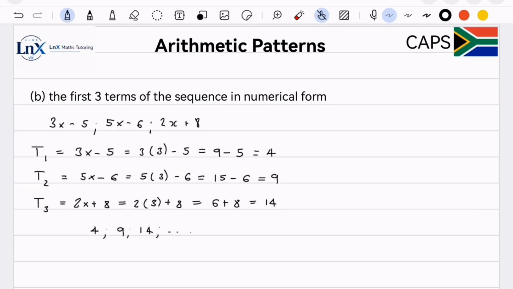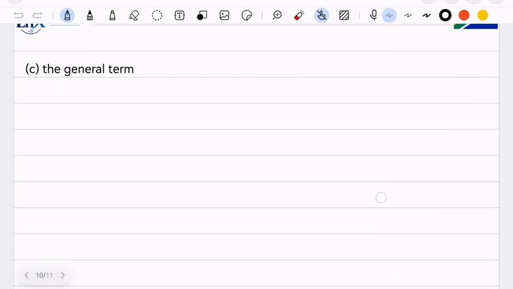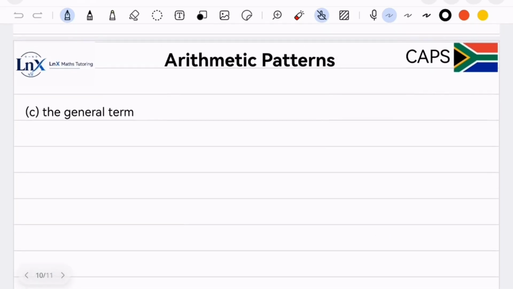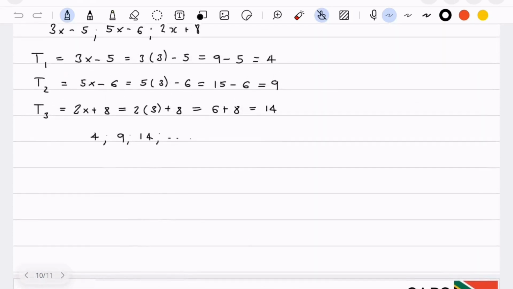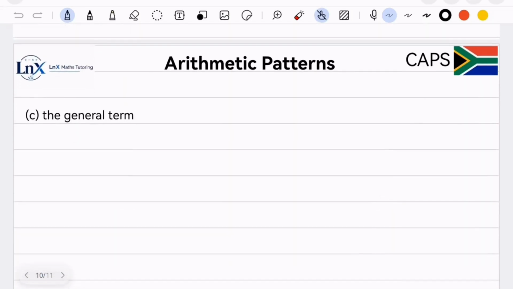Alright, now that we have solved 5b, let's go to 5c. Now we need to determine the general term, right? So remember that from our pattern here we have 4, 9, 14, and so on, right? So you can write that down.